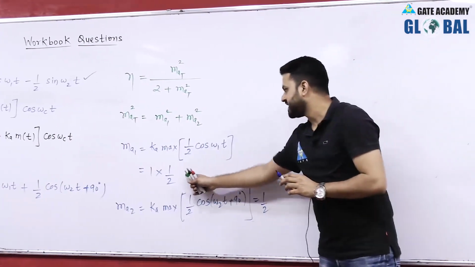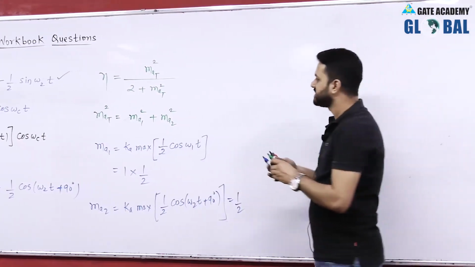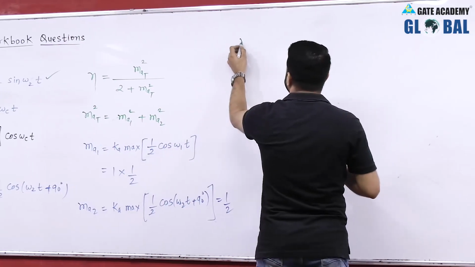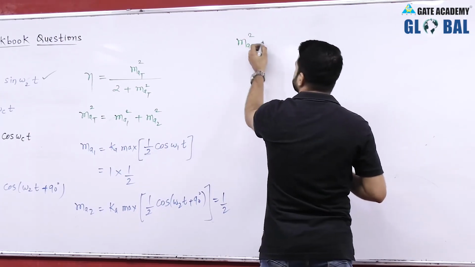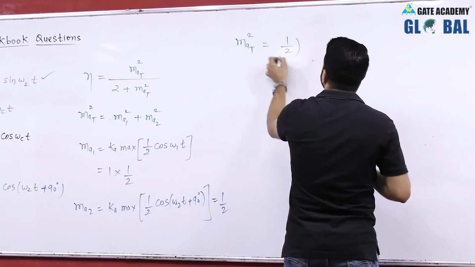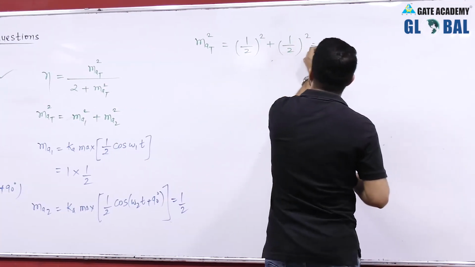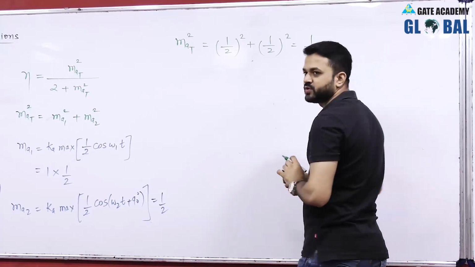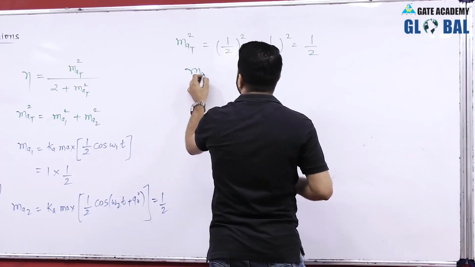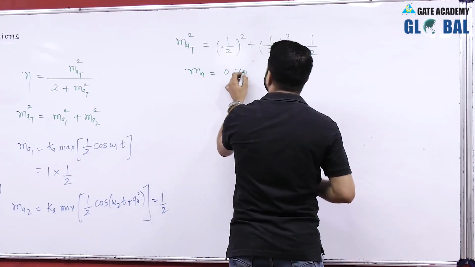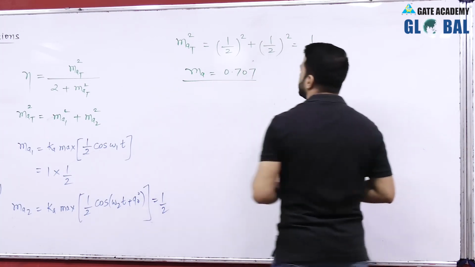So the modulation index is 1/2 in both cases. The overall modulation index MA total square is (1/2)^2 + (1/2)^2. That means we get 1/2 only, so MA equals 0.707.